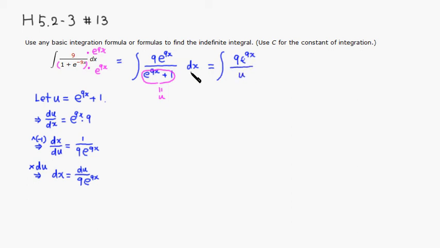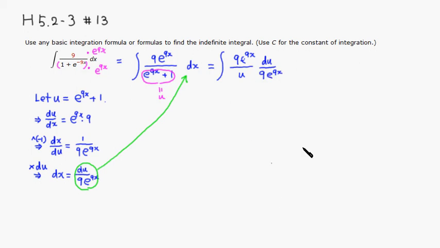And the dx comes from here. We can write dx as du over 9 e to the 9x. So let's write that.